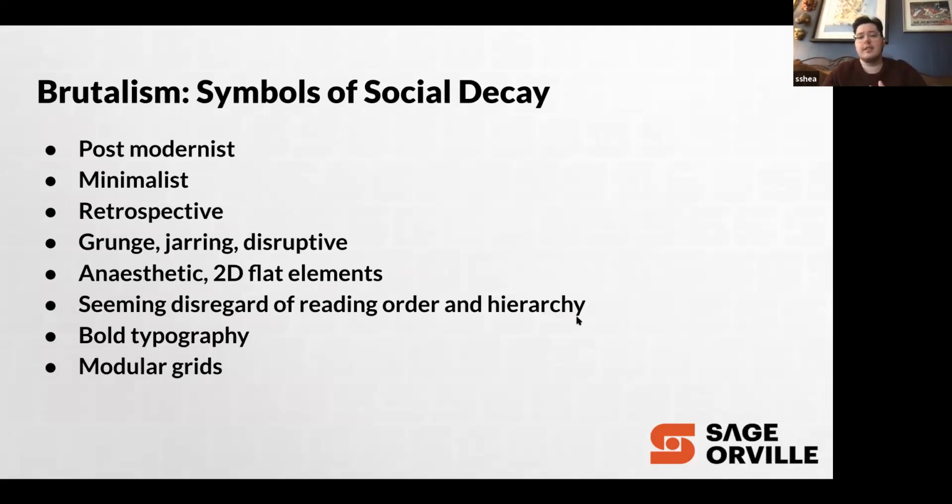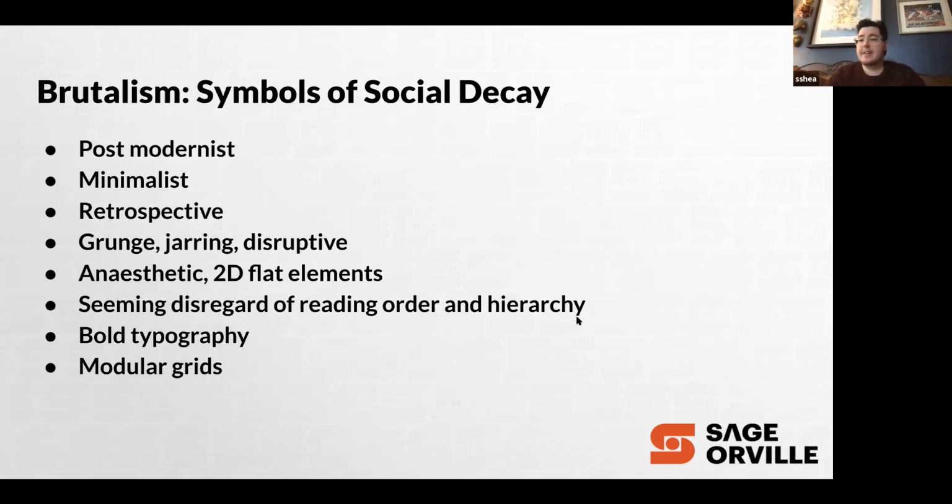So you might see a lot of band websites looking like this. Retrospective as in it might have fonts that are not easy on the eye. It could be ones similar to a typewriter face that has a heavy serif but also looks old and rather difficult, or even fonts that look kind of 8-bit, from the earliest days of computers. So they're pulling in a lot of those elements.